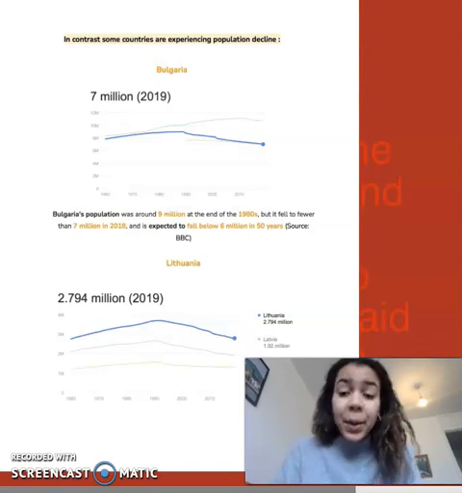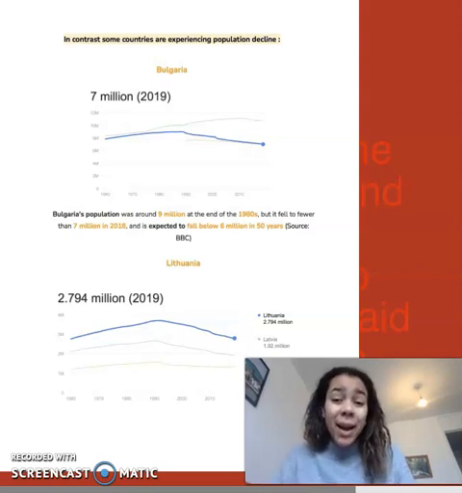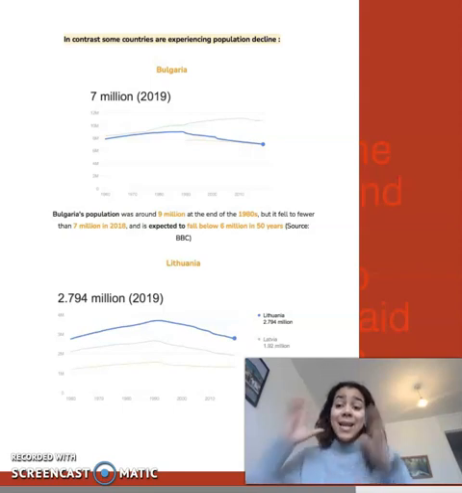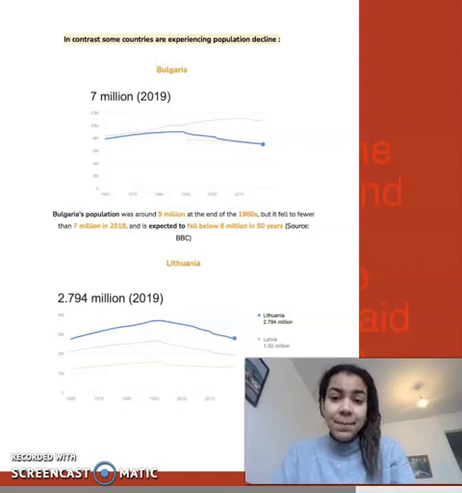In contrast, some countries are experiencing population decline. And here we'd have two European countries, Bulgaria and Lithuania. Bulgaria's population was around 9 million at the end of the 1980s, but it fell to fewer than 7 million in 2018, and is expected to fall below 6 million in 50 years.